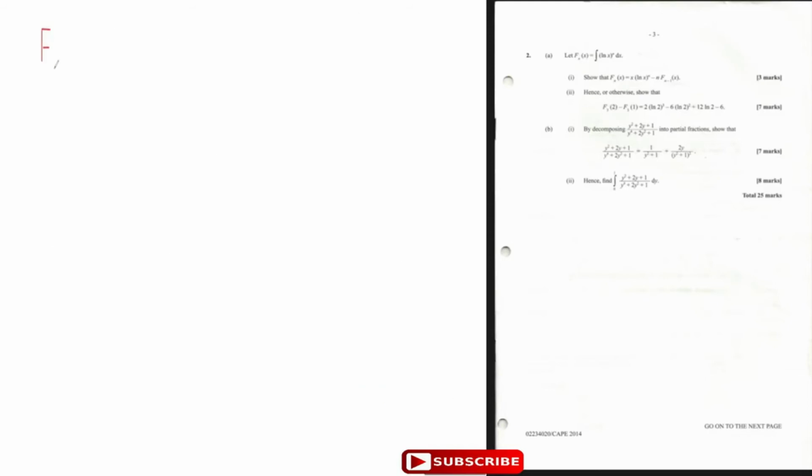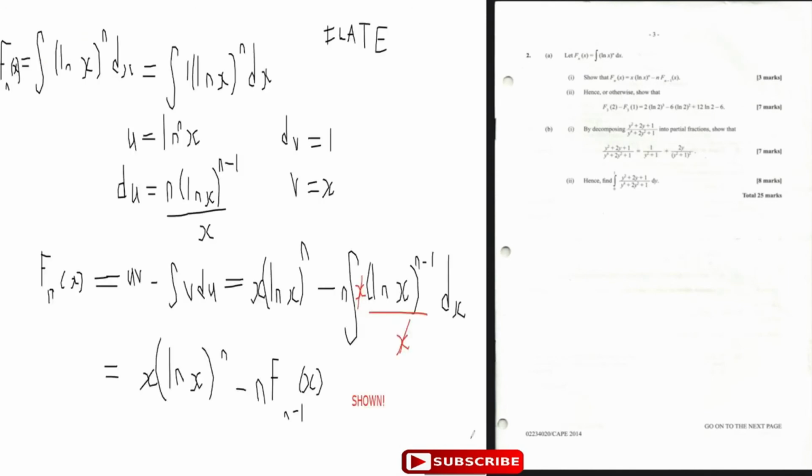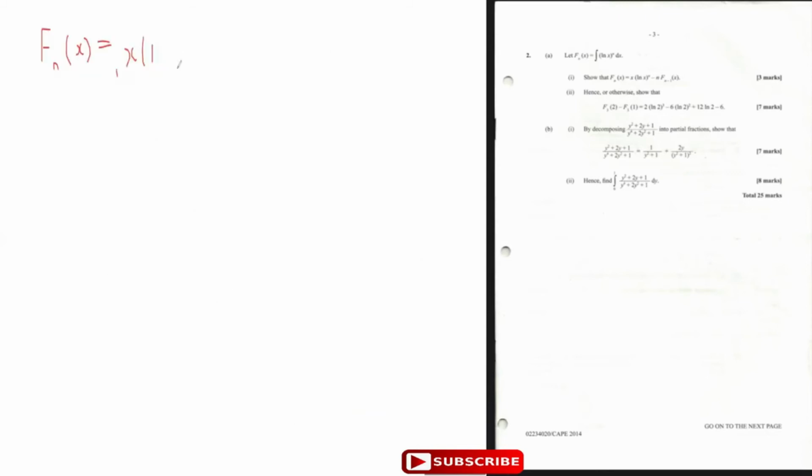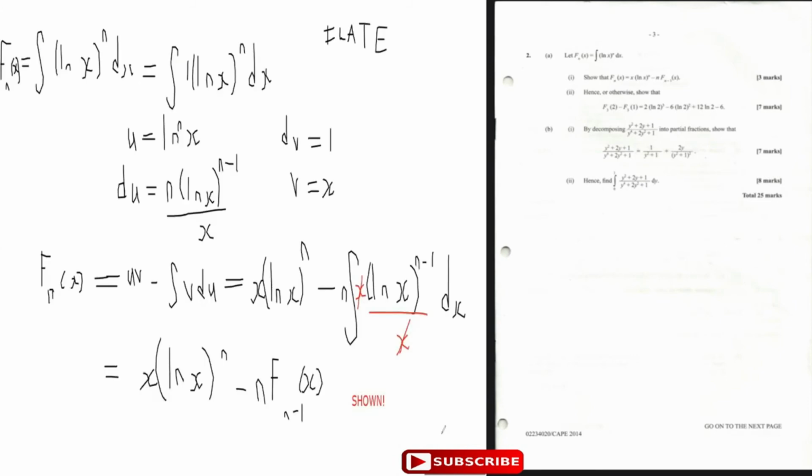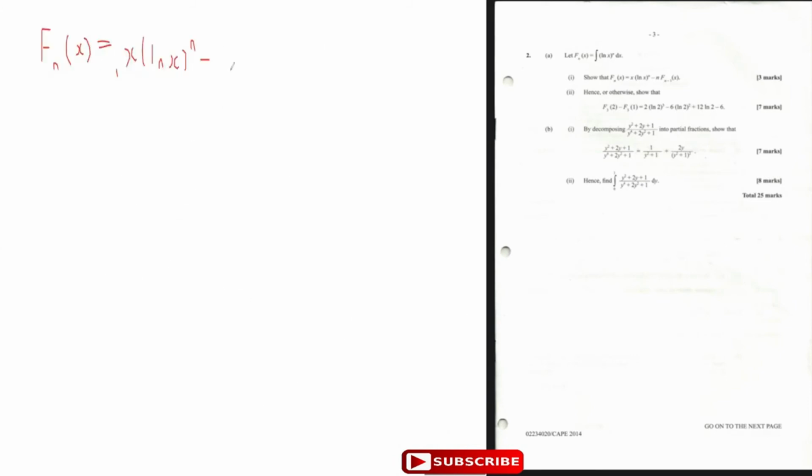So to do that, you have to start by writing down back that f n of x is equal to x times ln x to the n minus n f n minus 1 of x.